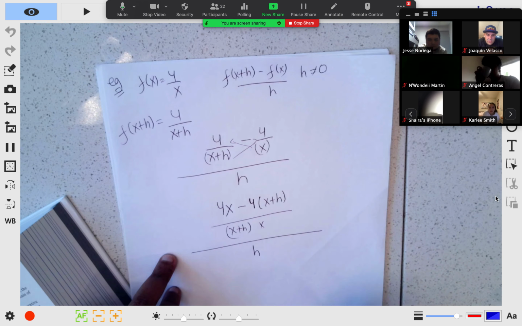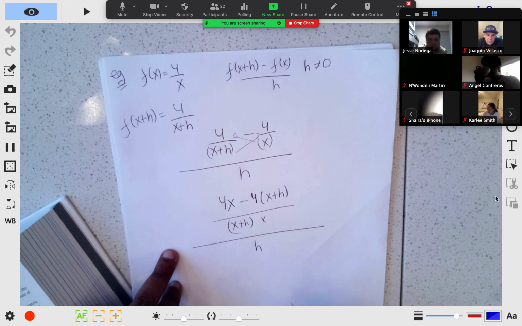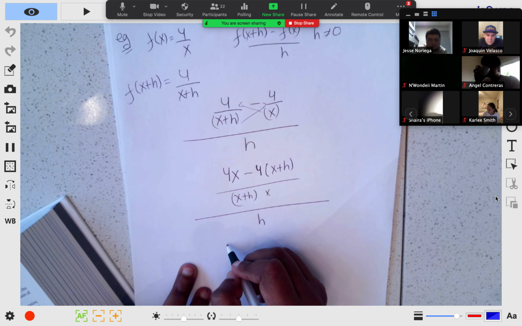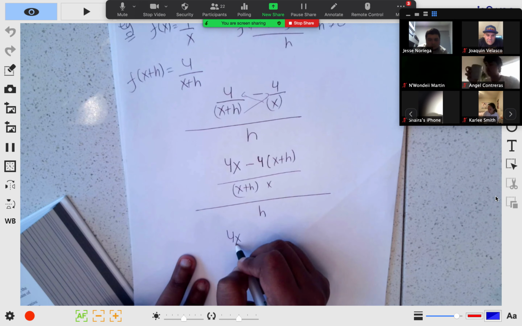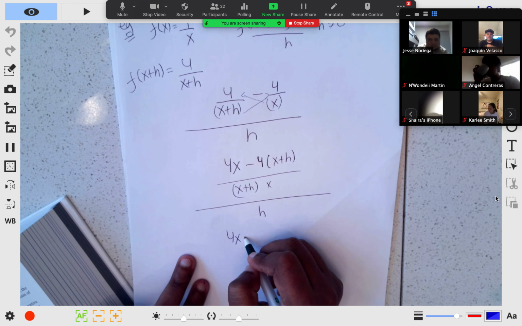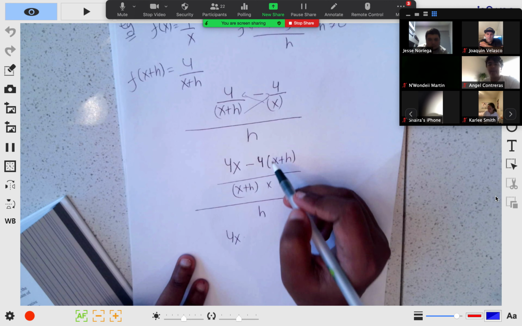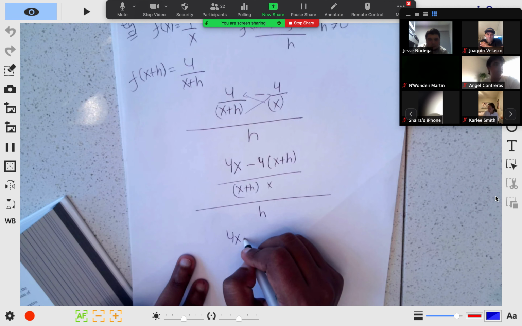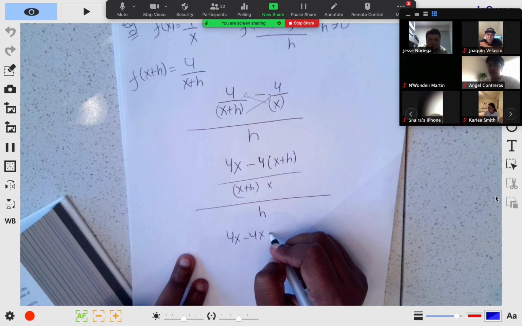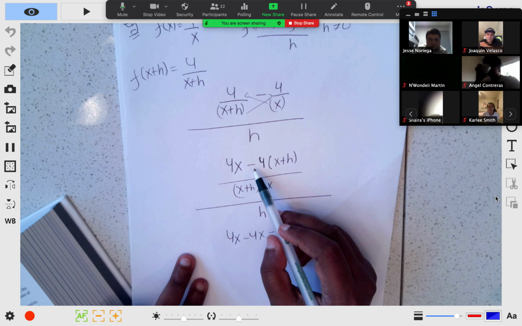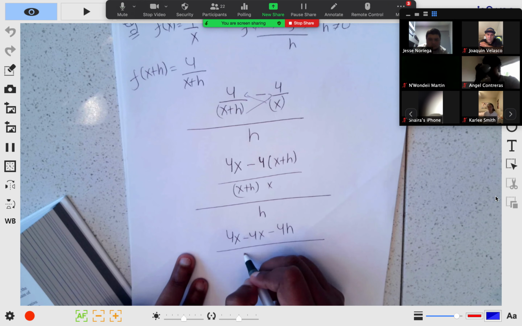Okay, what does this top become? 4x, open and distribute. Minus 4x plus 4h, minus 4h over x plus h times x.